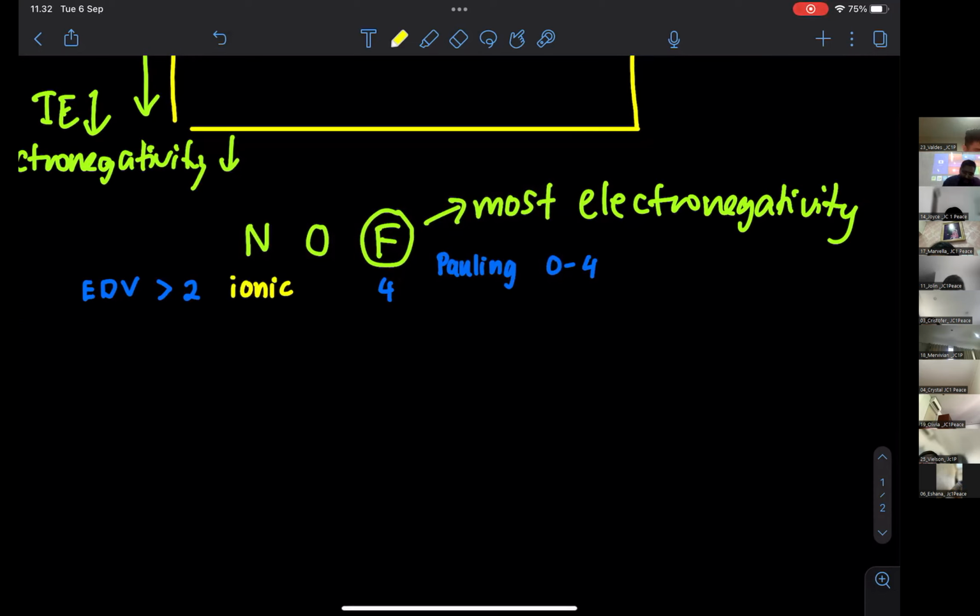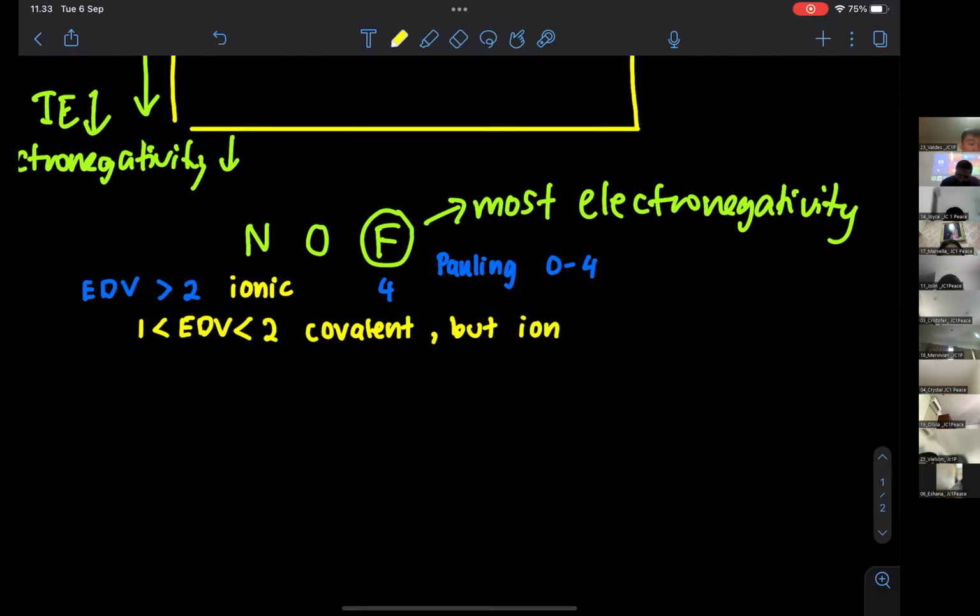If your EDV is more than 1 and less than 2, then we can say this is covalently bonded, but with ionic characteristics.